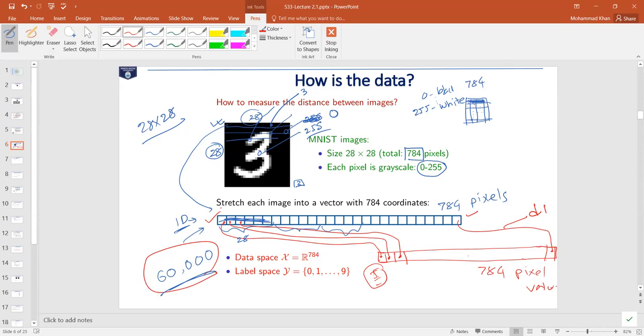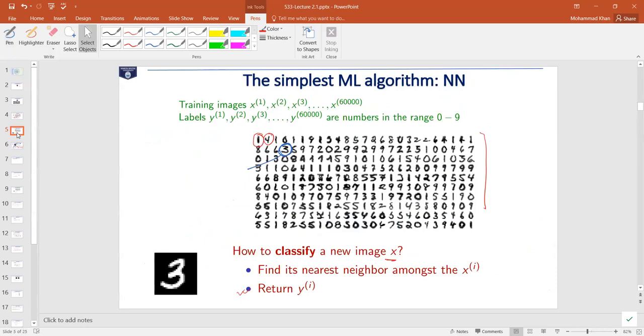For example, if we get a new instance of 3, we'll find the distance with all the examples in our database. Maybe with this 1 we'll find a distance of 12K. With this one, maybe we'll find a distance of 16K. Maybe with this 3, we'll find a distance of maybe 0.2K.